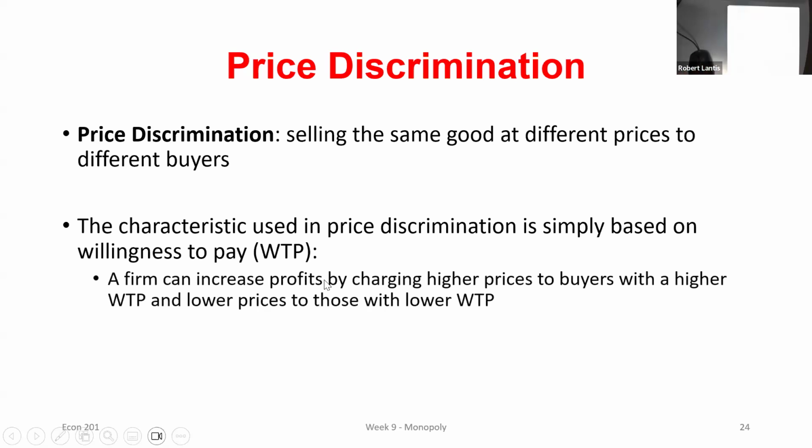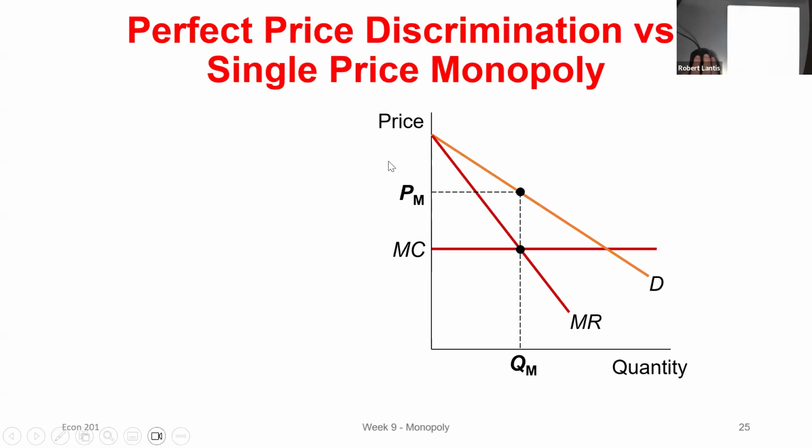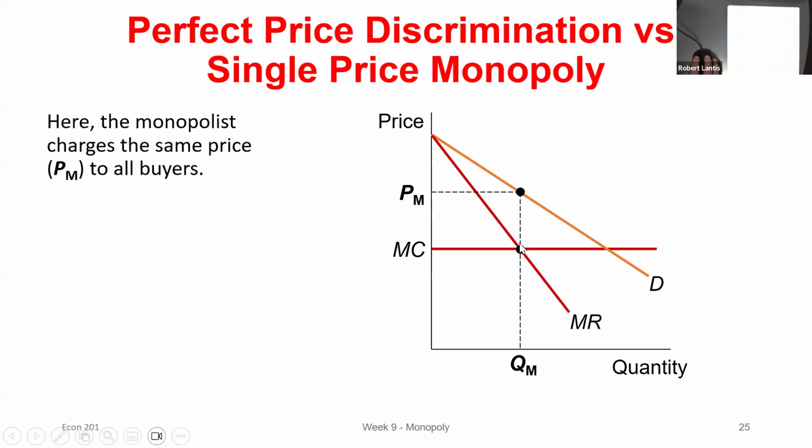So what should this do? Well, before, when I was setting a single price, that potentially was the marginal benefit of the last consumer, but every consumer before that would have been willing to pay a higher amount, right? So if I think about this single price monopolist, I had a constant marginal cost just to simplify this. For every unit here, the price the monopolist was setting, they actually could have chosen a higher price, right?